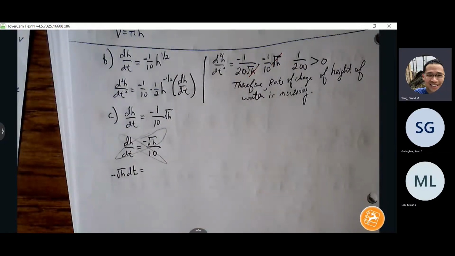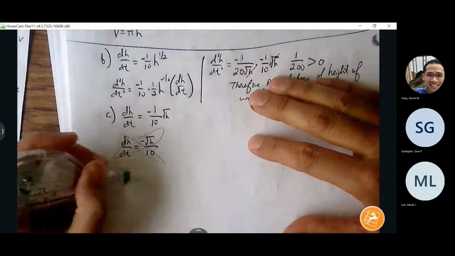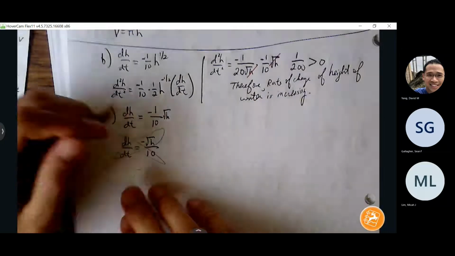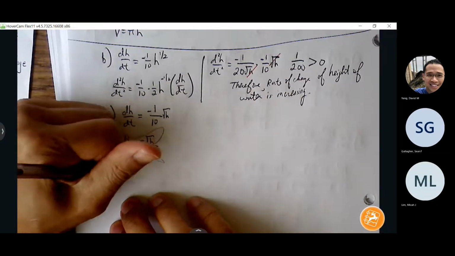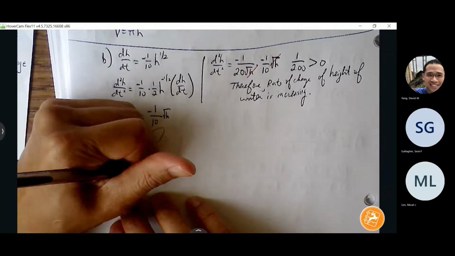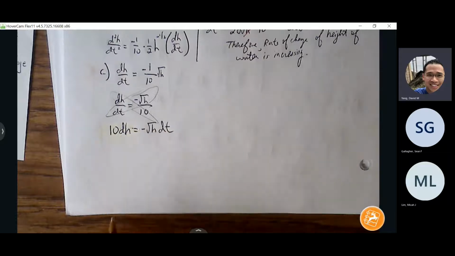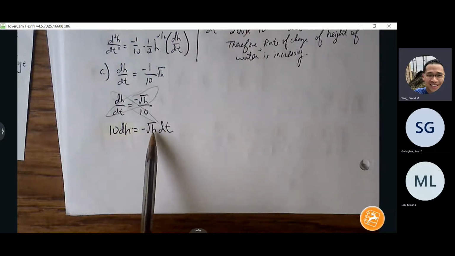It makes it a little bit cleaner here. Let me rewrite that. So at least I have dh and dt in their right places. I just have to figure out what to do with the 10 and the root h.